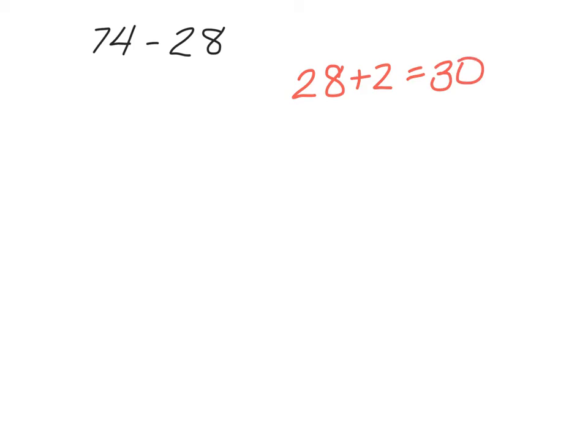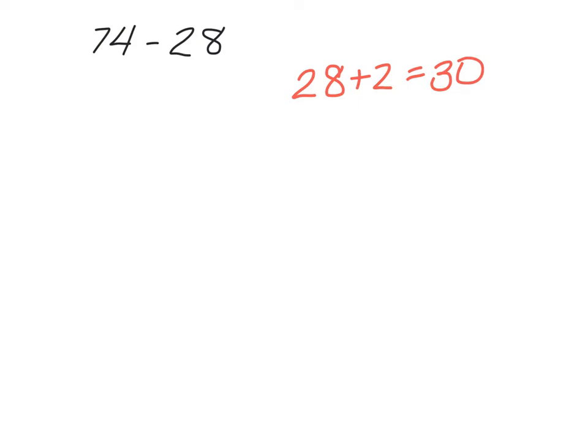Now to me, 30 is a friendly number because 30 has a 0 in the ones digit. So with a 0 in the ones digit, I can just subtract the tens. The one stays the same, no matter what it is.